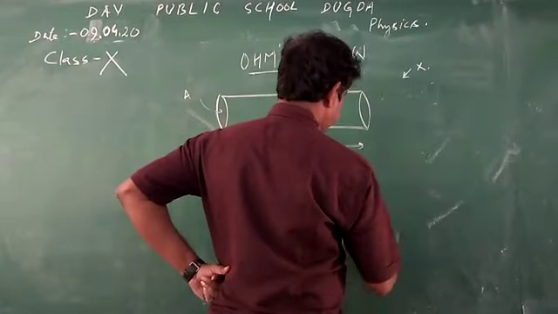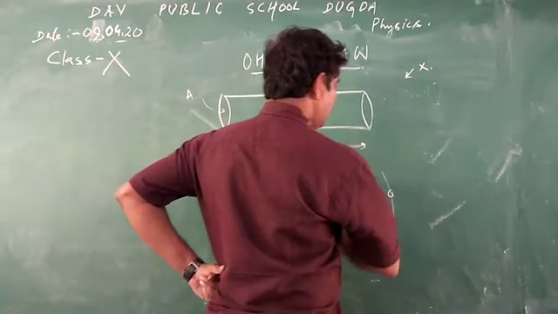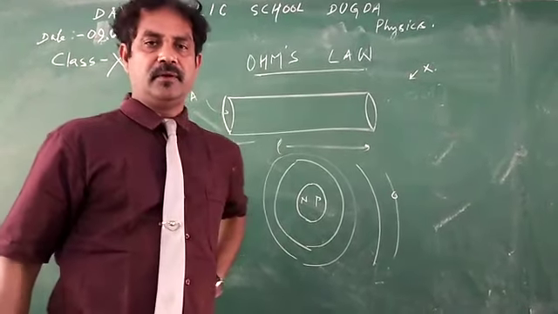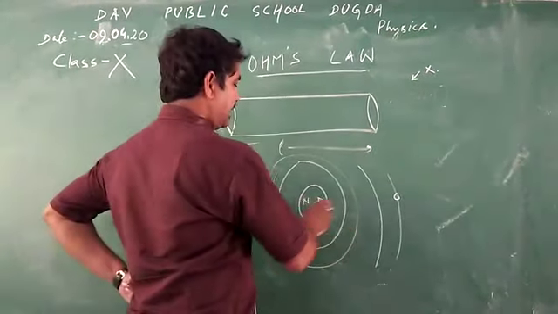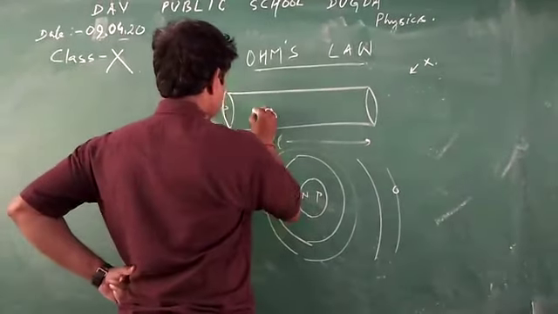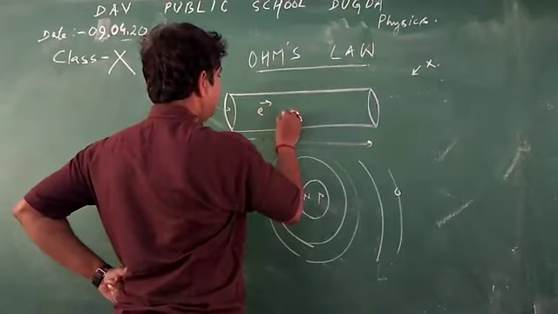What happens in a conductor? The outermost electrons are not bound by the atom. They are free.